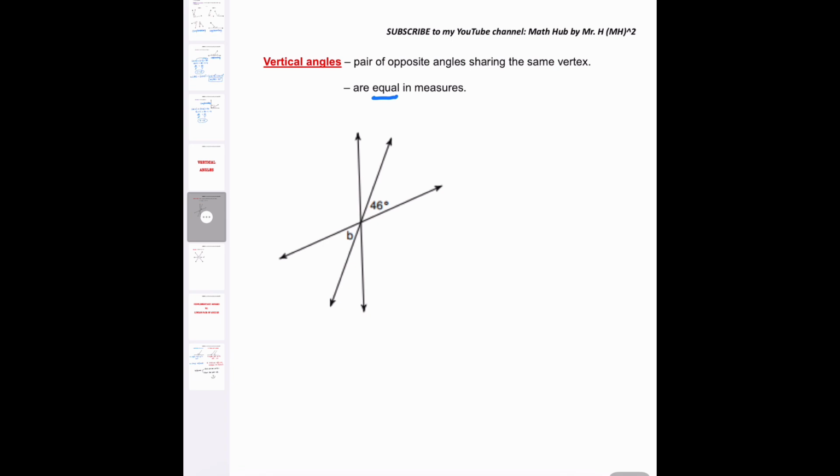Looking at the diagram below, we were given two angles that are labeled, so they are vertical angles. This is the vertex that we're looking at. If this angle measures 46 degrees, obviously this angle labeled B will also be equal to 46 degrees.